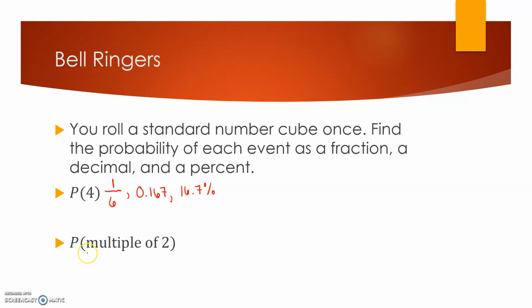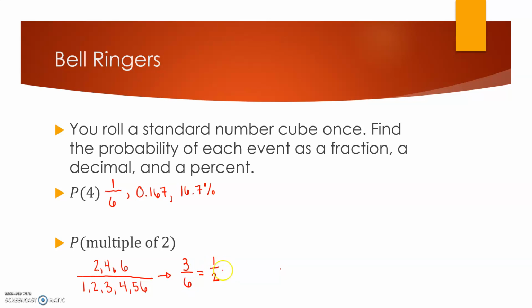Now we've got, what's the probability that it's a multiple of 2? Well, a multiple of 2 would be something like 2, 4, 6, etc. And these are the 3 numbers, if we look at a die, that are multiples of 2. So out of my 6 sides, these are the 3 that satisfy that. So we've got 3 out of 6, and we always want to put that in simplest form. So that would be 1 out of 2.